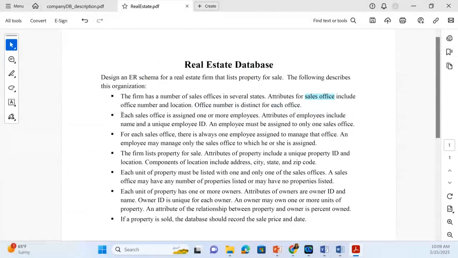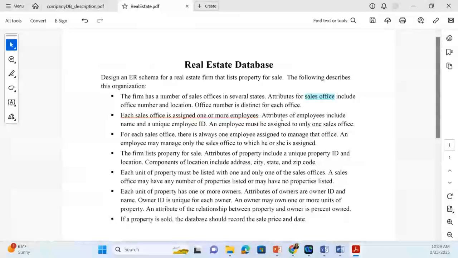Then, each sales office is assigned one or more employees. This actually shows maybe a relationship. If we have sales office as an entity type and employees as an entity type, then this sentence shows a relationship between the sales office and employees.